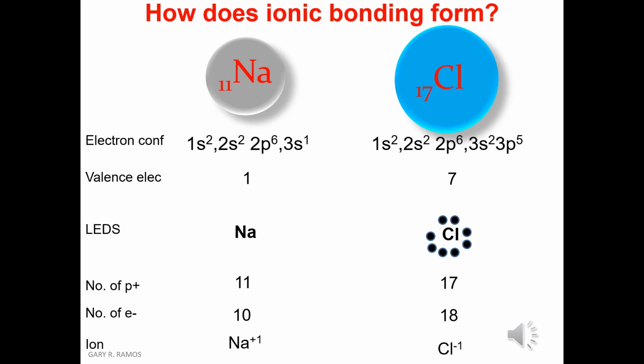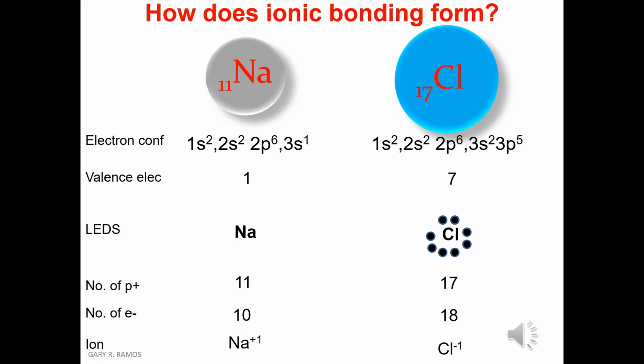After the sodium has given its electron to chlorine, the number of protons and electrons are not equal. The number of protons in sodium is 11 and the number of electrons is 10. Because of this, sodium now becomes Na positive 1, or a cation, since the number of protons is greater by 1 compared to its electrons.